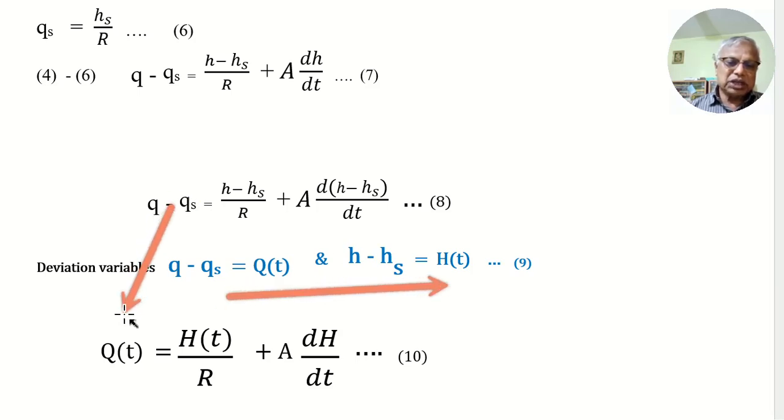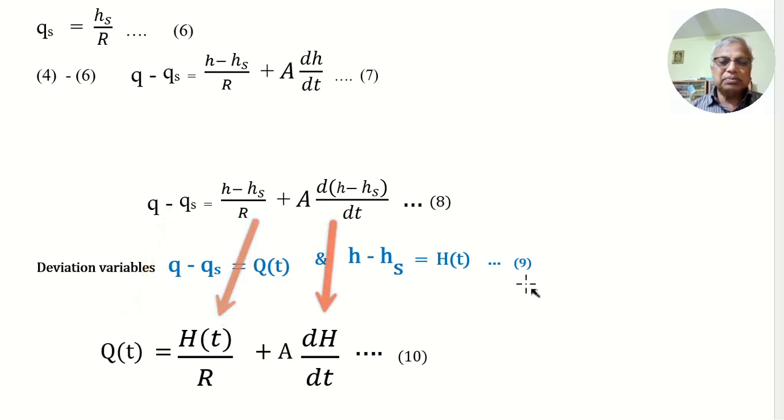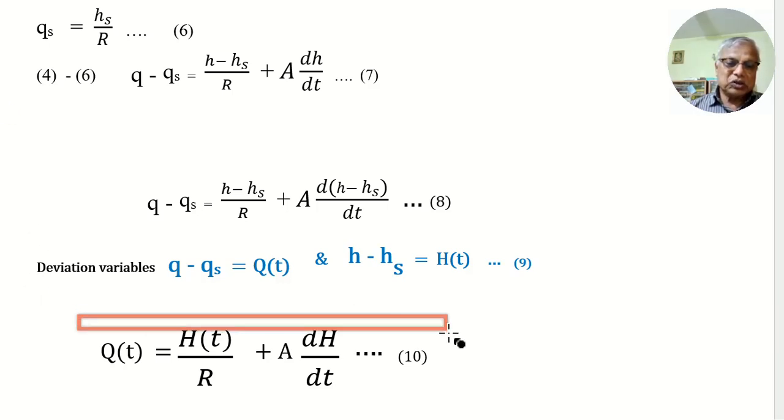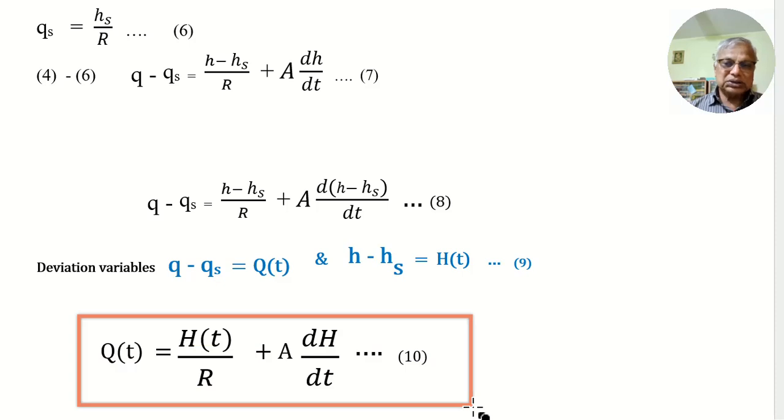So this becomes capital Q, this becomes capital H, and this becomes A into dH by dt. So you get a first order linear ordinary differential equation. It is this equation which describes the process happening in the tank.